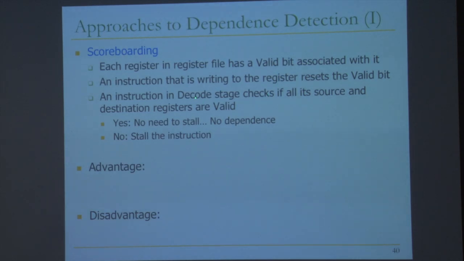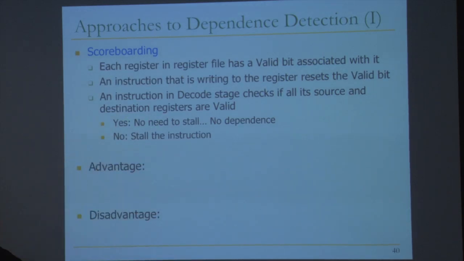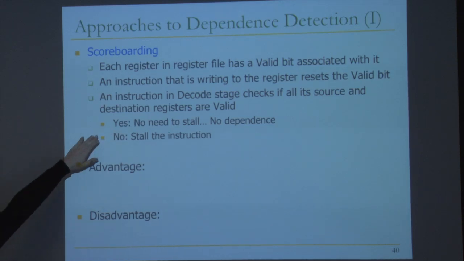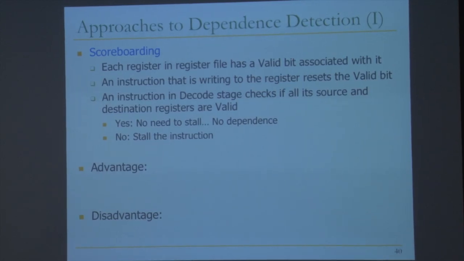When an instruction gets to the decode stage, it checks if all of its source and destination registers are valid. If the answer is yes, there's no need to stall. You can just keep going. There's no dependence. Otherwise, you stall the instruction. Stall means stalling the stage such that the instruction doesn't move, but all instructions over there move.